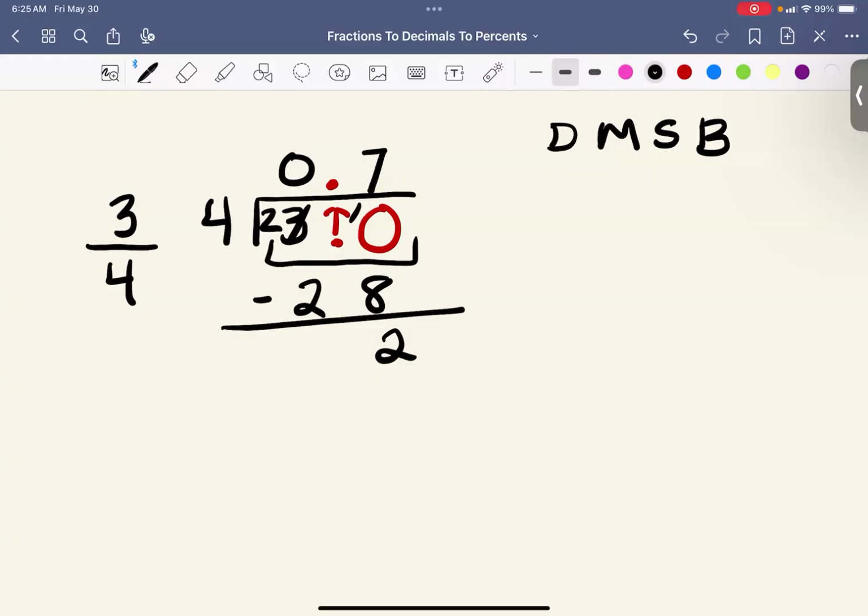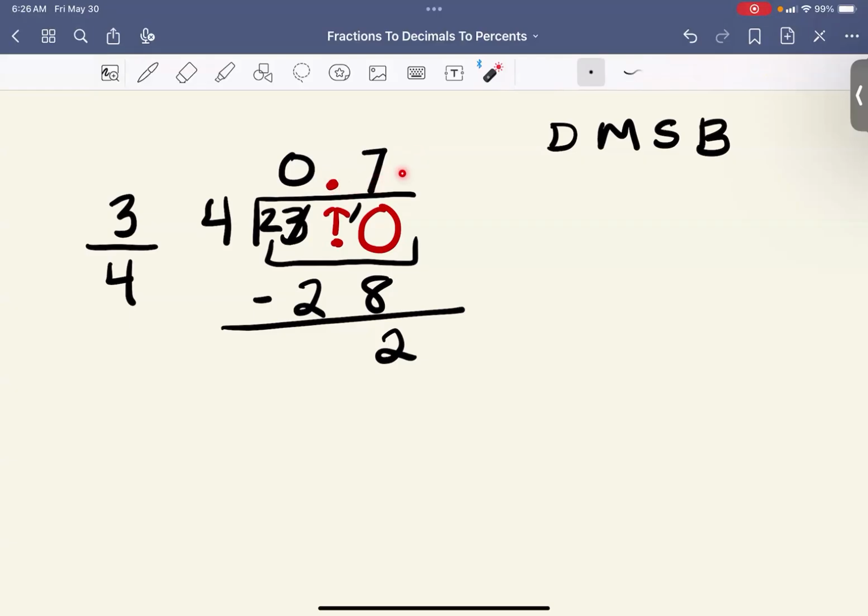So what you typically want to do, or you'll typically be asked in problems like this, is to divide until you get to the hundredths place. So to get to the hundredths place, I would need to divide one more time because this number is 7/10.